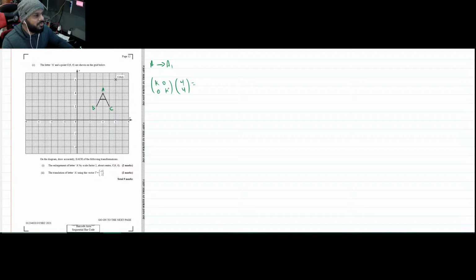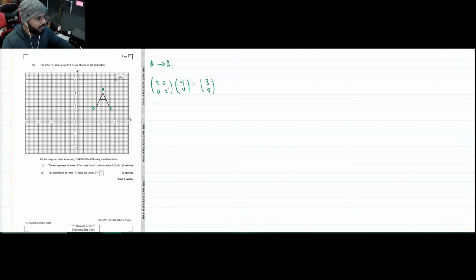Scale factor is 2, so this goes to 2 and 2. 2 by 4, 2 by 4, we get 8, 8 on the diagram.